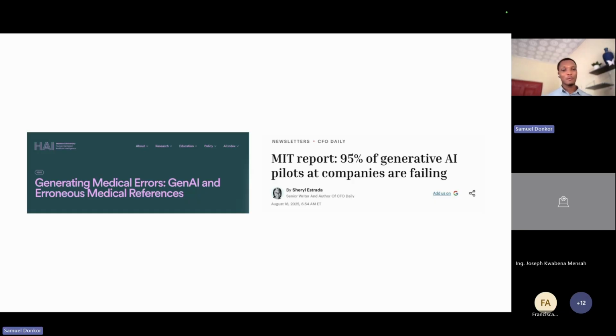But in the clinical setting, the applicability is actually not that good, right? The report from MIT concluded that 95% of generative AI pilots at companies are failing, right? It's similar in healthcare as well.